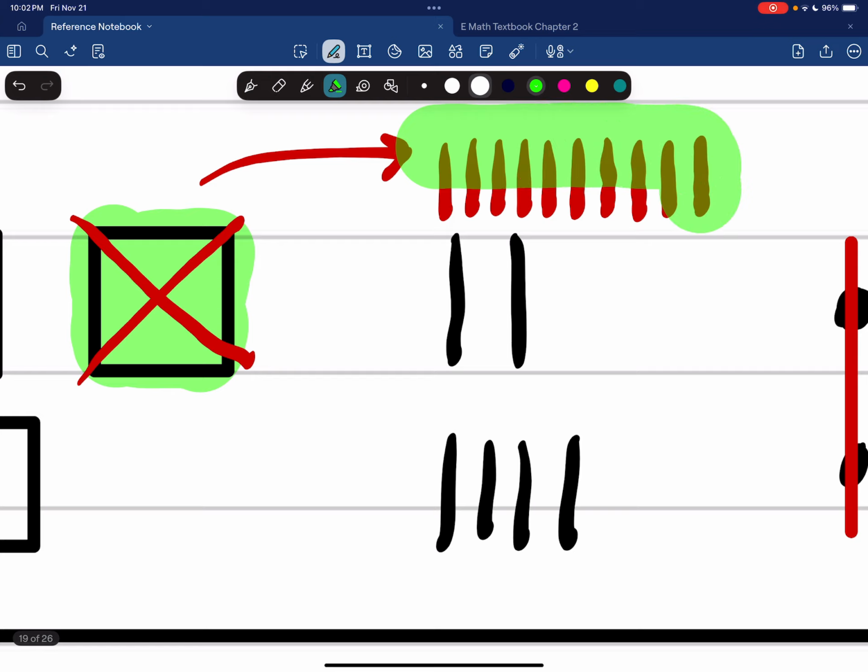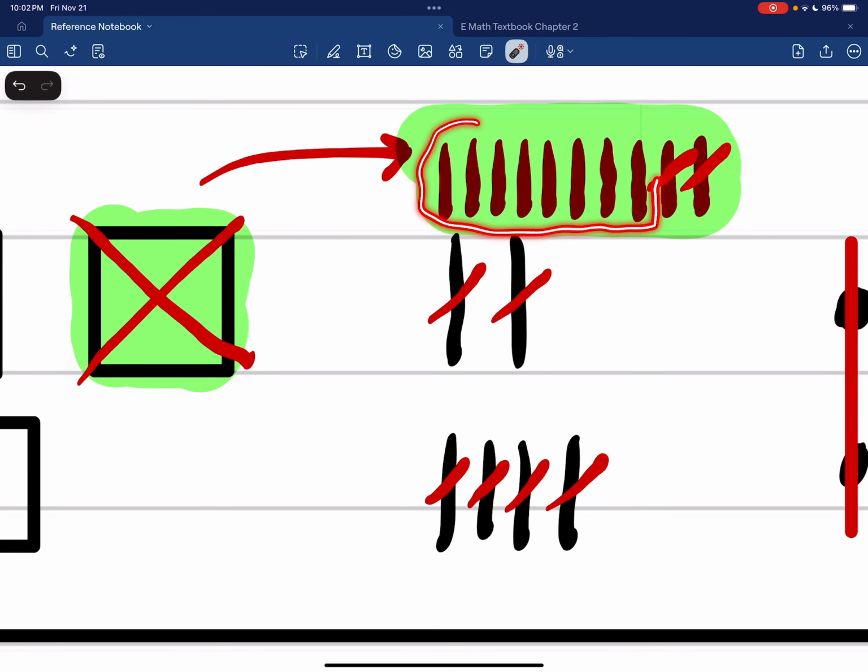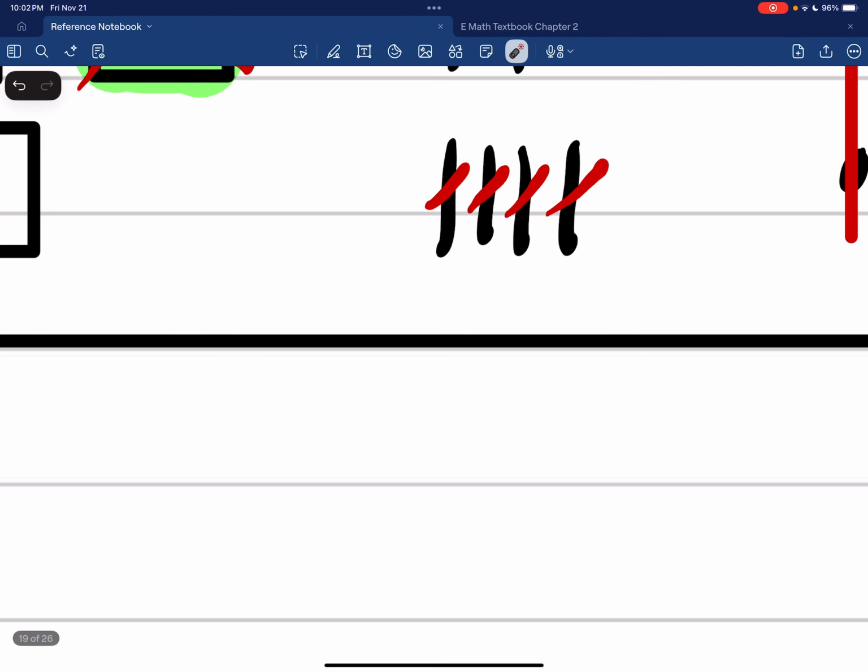It's still here. I've just renamed it into its rods instead of its flat notation. And then I can begin to cancel here. So I'm going to take this one and this one, this one and this one, this one and this one, this one and this one, and I'm left with these that were not canceled. So I have 1, 2, 3, 4, 5, 6, 7, 8 of those to bring down here.